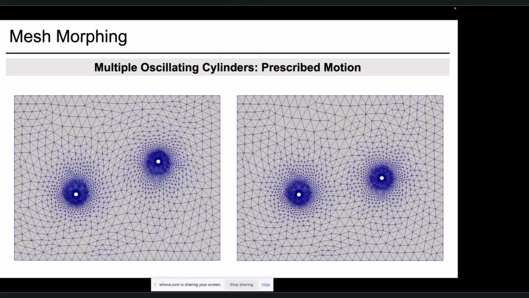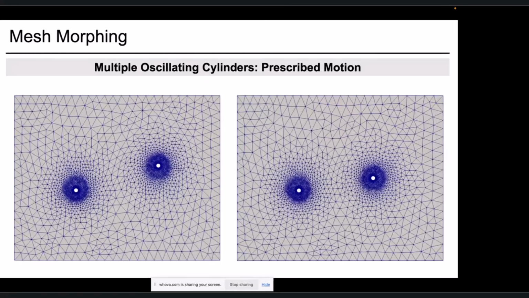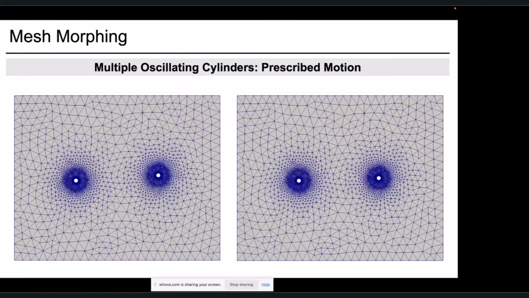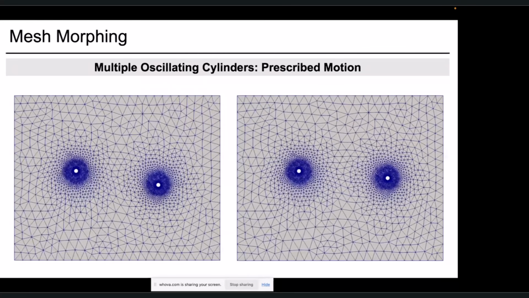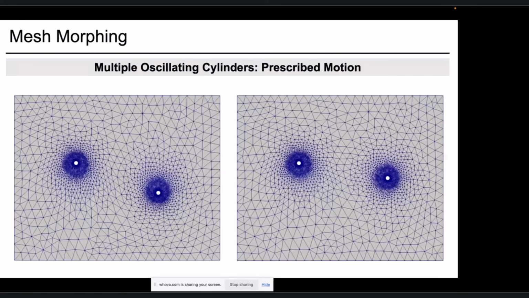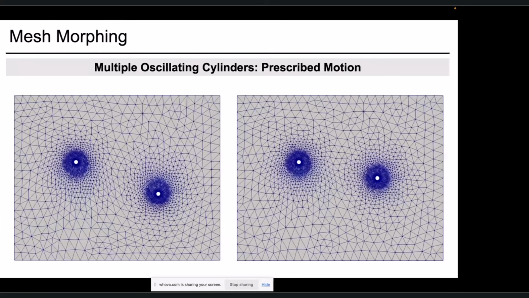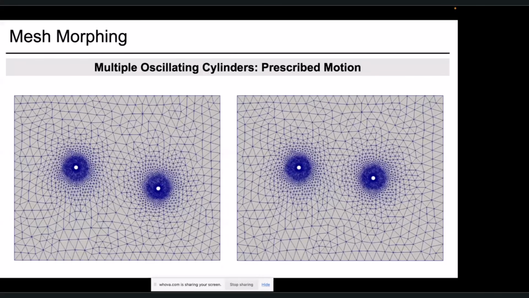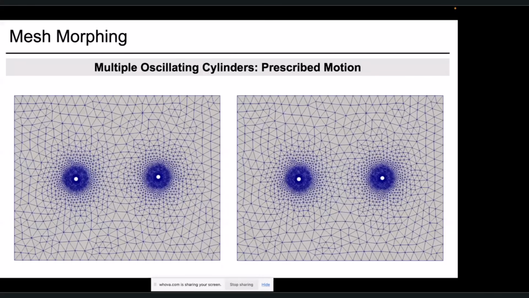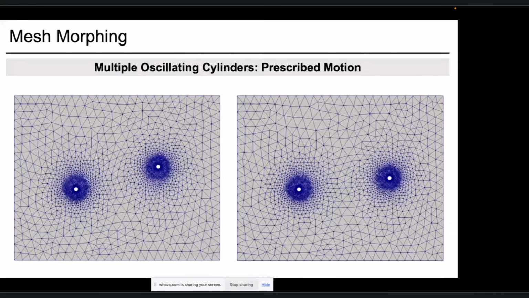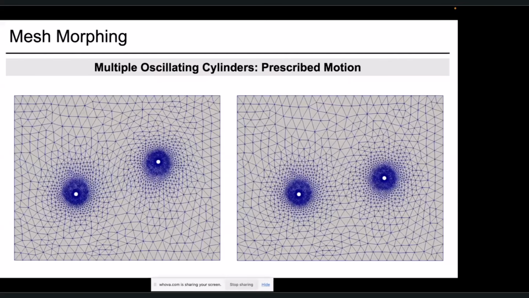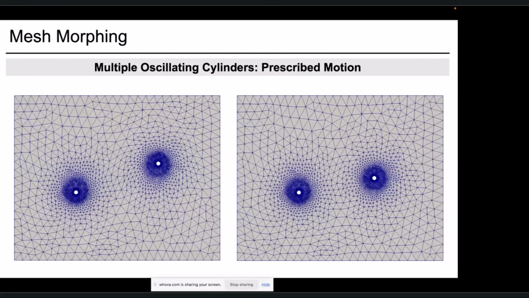So the non-orthogonality or the skewness parameters of the mesh, when they go beyond the threshold value, the solver actually fails and the solution diverges. In that case, the alternative is to use multiple disconnected mesh components, which falls under the category of the overset method, which I will show you in a while.